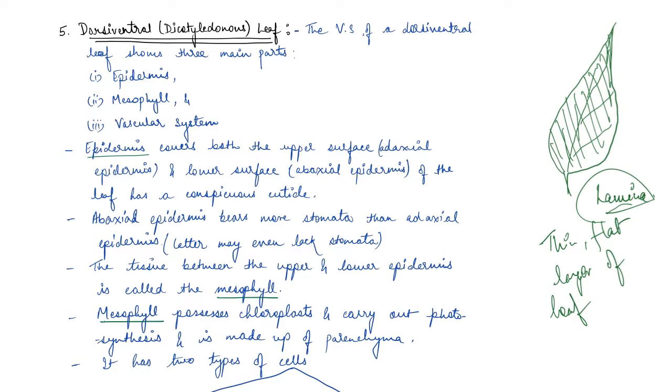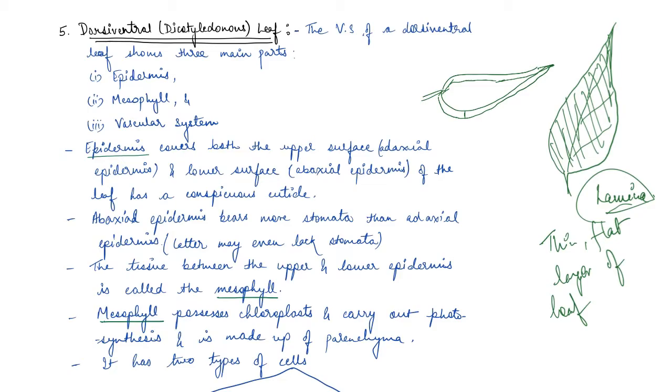So if we see a leaf in a 3D kind of model, it would somewhat be like a layer, something like this, and even below this there will be a layer.